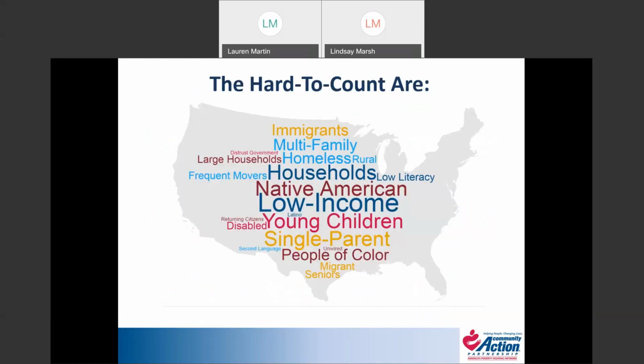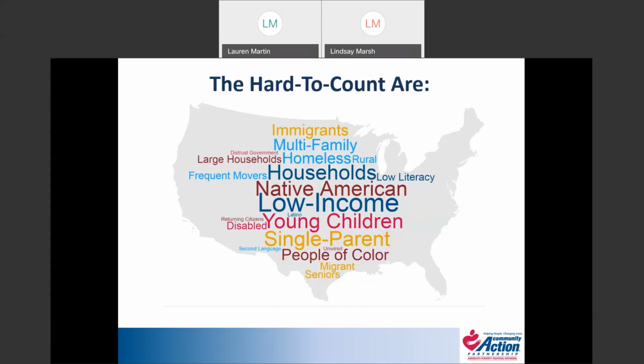The Census Bureau has identified groups of people who are most often missed in the decennial census. They call them hard to count. I prefer to call them the undercounted communities, but it includes lots of people that we're very familiar with. People with low income, young children. Children 0 to 4 are the most commonly undercounted communities across the country.